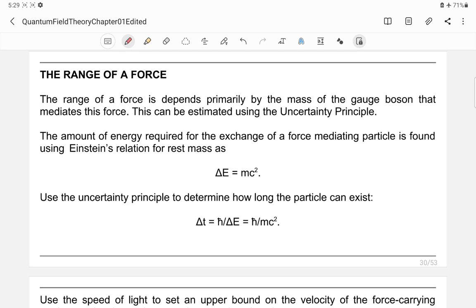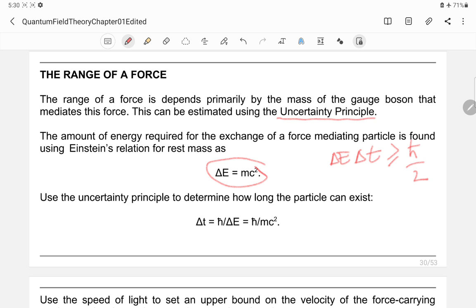Of course, you have to use the uncertainty principle to estimate it, and the amount of energy required for the exchange of a force mediating particle is found using Einstein's relation for the rest mass, and of course the uncertainty principle here is always greater than h bar over 2.